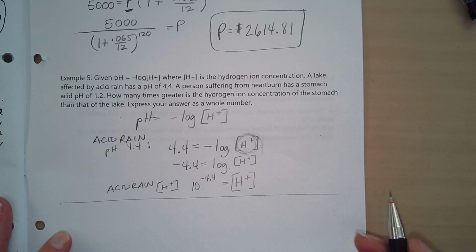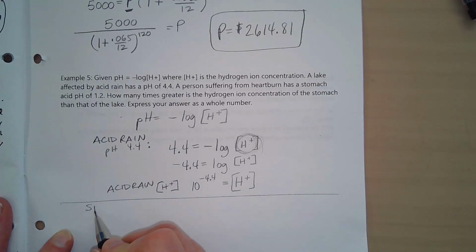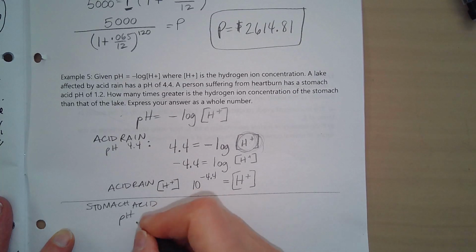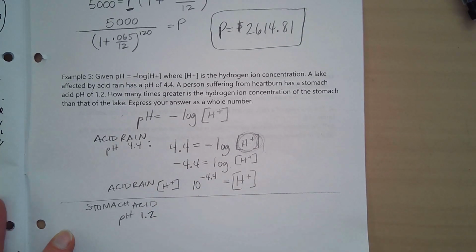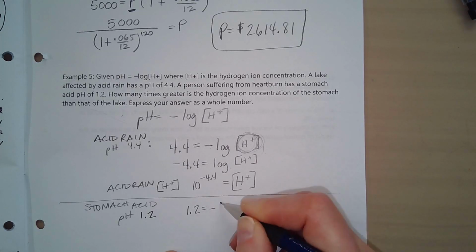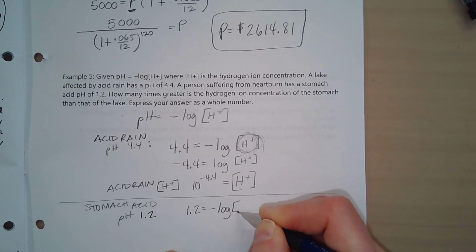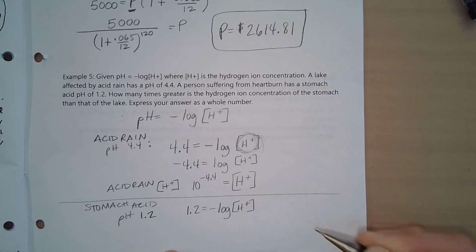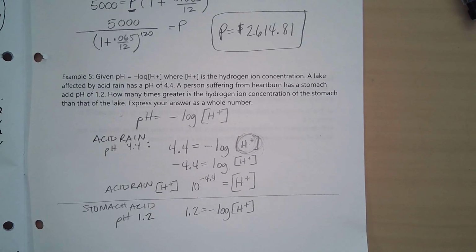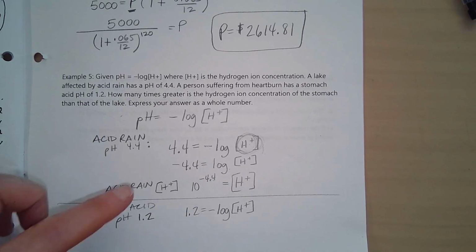All right. Let's do stomach acid now. Same thing. Stomach acid has a pH of 1.2. So same thing, right? 1.2 equals minus log hydrogen ion concentration. The reason I'm putting it in exponential form, I kind of had nowhere to go, right? I have to compare these two.